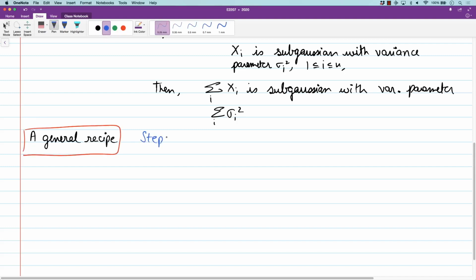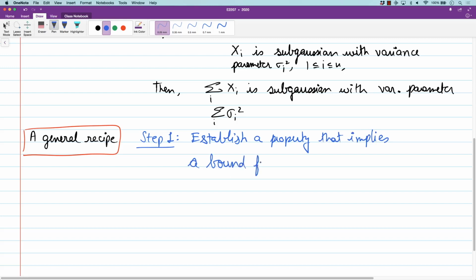Step 1, establish a property that implies a bound for the log moment generating function. For example, for Hoeffding's inequality, that property was the boundedness property of the random variable. Step 2, show that that property tensorizes.